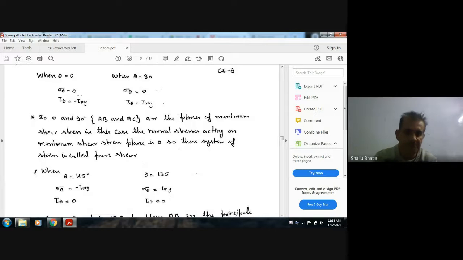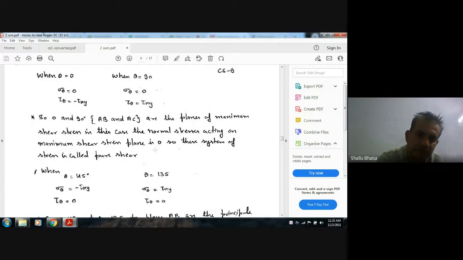So we can say there can be normal stress at the plane of maximum shear stress. Here 0 and 90 degrees, AB and BC, are the planes of maximum shear stress, and the normal stress acting on them is 0.